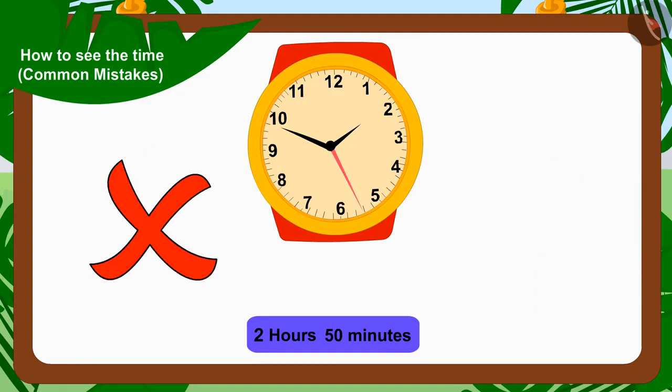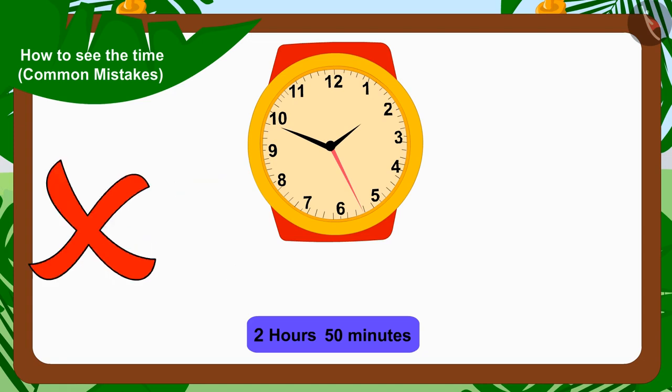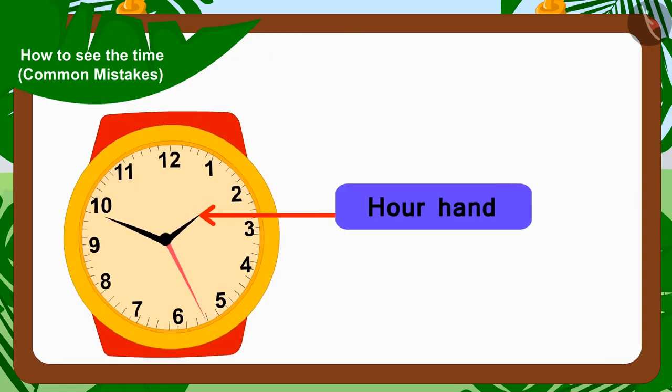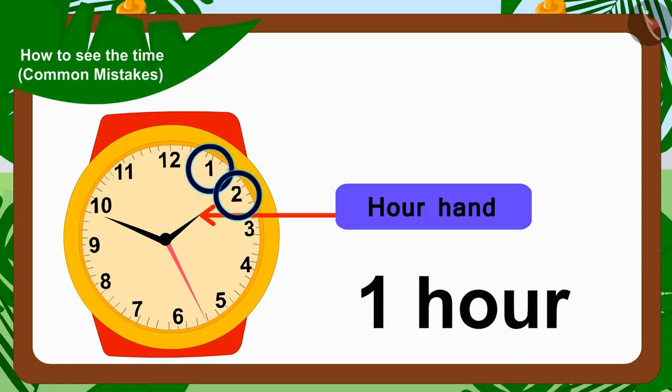What mistake has Babban made? Absolutely right. Babban was wrong about the hour. What is the time if the hour needle was between 1 and 2? Exactly, 1 hour.